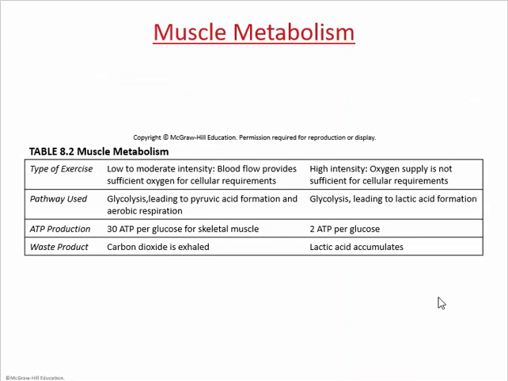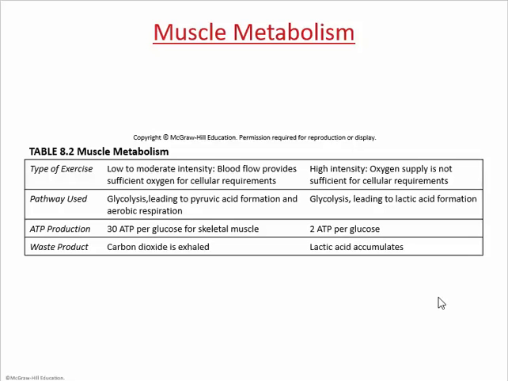So if we're just going for a walk, low to moderate intensity, we have enough blood flow to supply oxygen for the requirements. If it's really high intensity bursts, we don't have enough oxygen supply, and so we will use glycolysis.